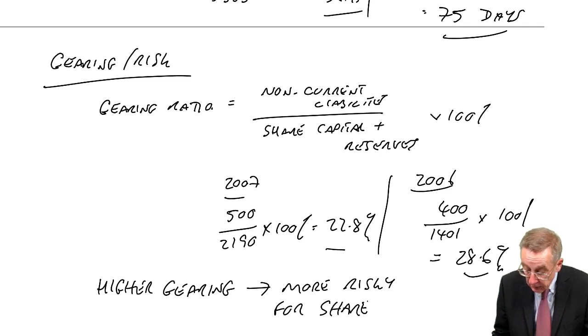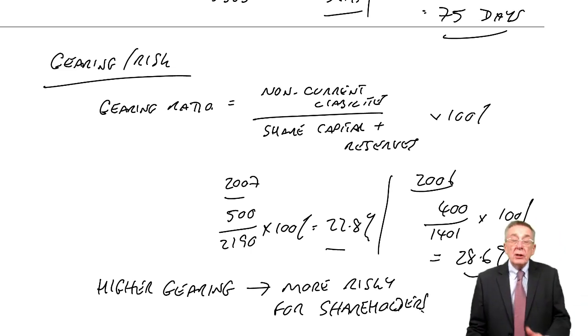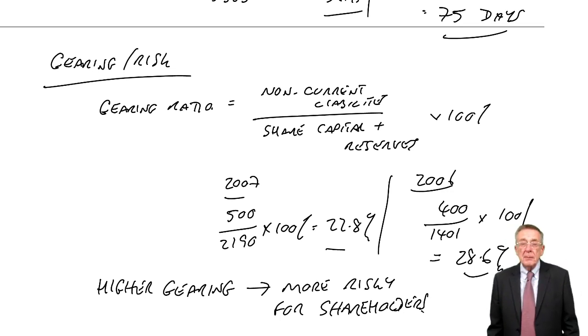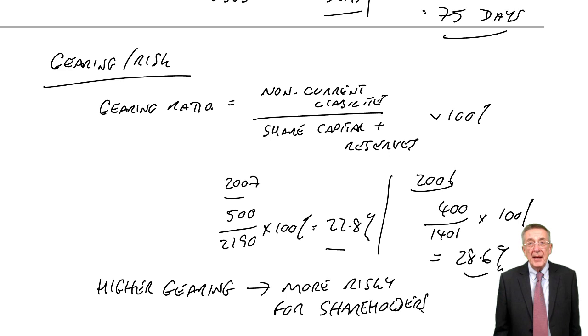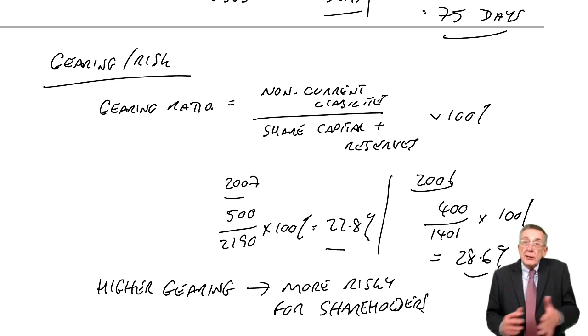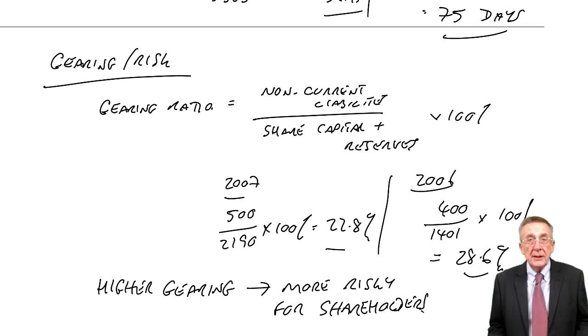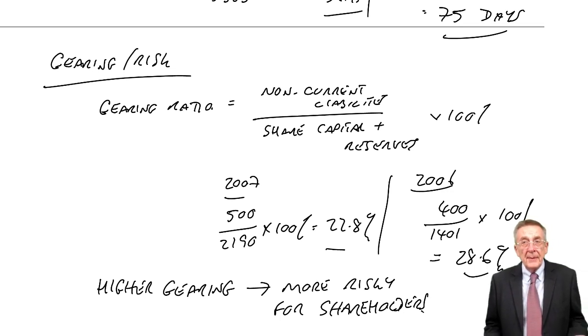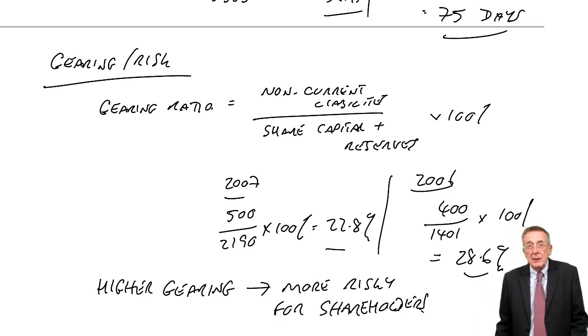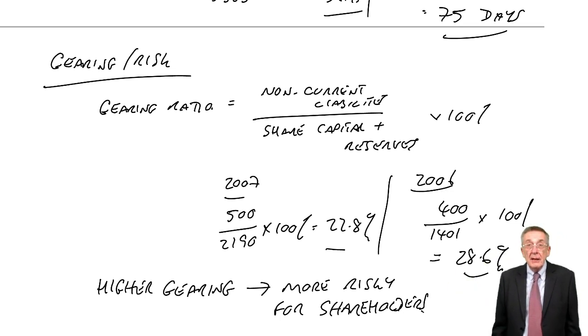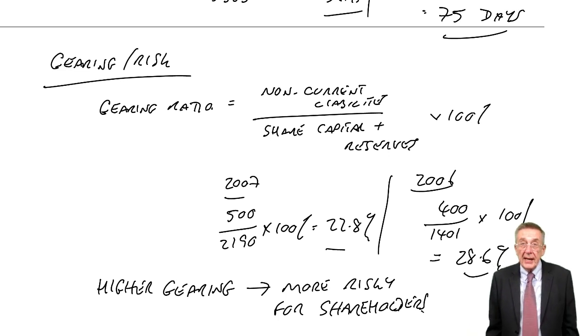And the reason it's more risky is long-term borrowings, you have to pay interest each year. And so the more long-term borrowing, the more interest you have to pay. And interest has to come out of the profits before there's anything left for shareholders. So it means if profits go down a bit, but you've still got to pay a lot of interest, there could end up being nothing left for shareholders.